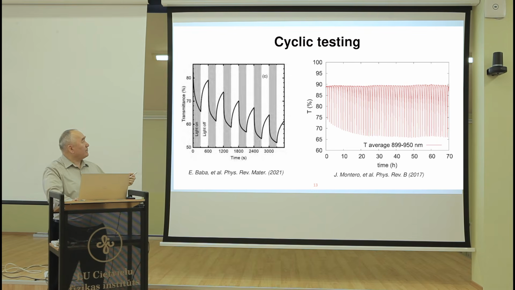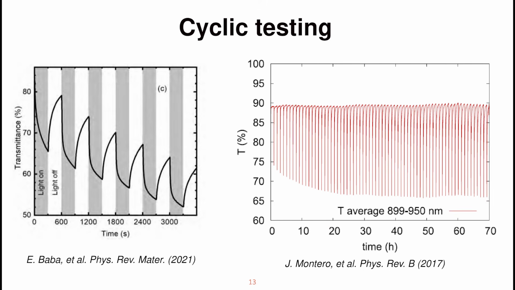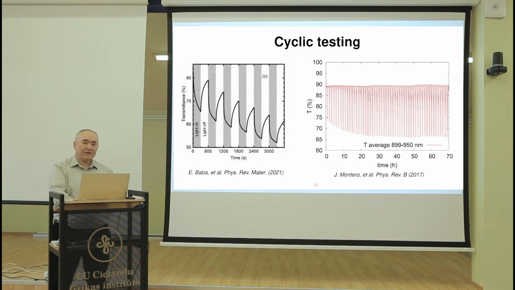If as a result of the illumination the transmittance corresponding to the transparent state decreases with time, and the contrast changes, then the material is not ready for the market. It should be constant, more or less, so that the material's property is guaranteed. Then only can one bring it to the market.